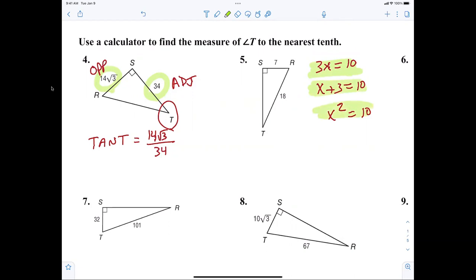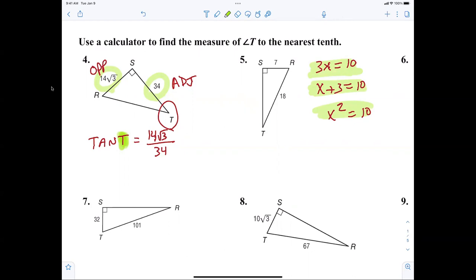Now we are introducing another important function. The sine, cosine, and tangent are considered functions. So I'm trying to get to angle T. Does everybody agree with that? What's in the way of finding what T is? Tangent. Thank you for listening. How do I undo tangent? Everyone thinks it's division, but it's not.